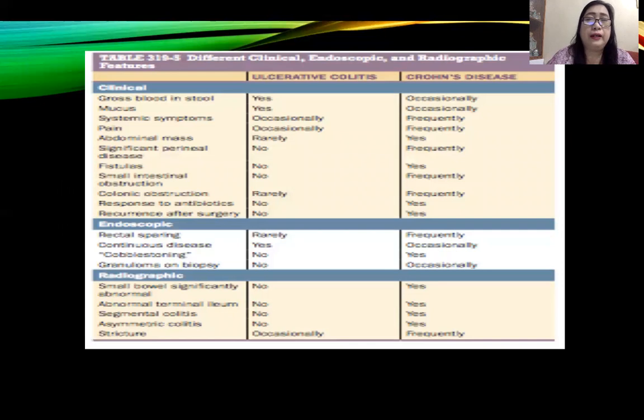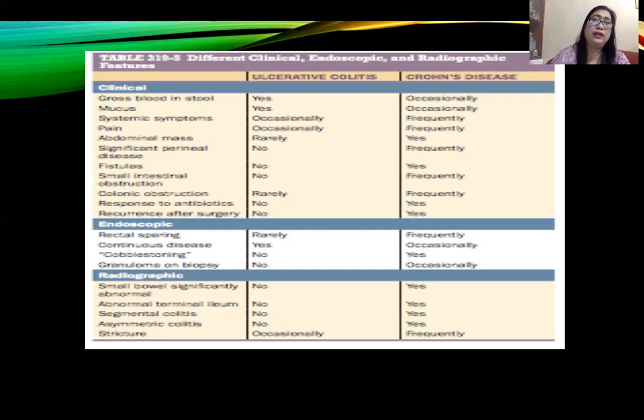So these are the differences between your ulcerative colitis and your Crohn's disease as to their clinical, endoscopic, and radiographic findings. Perhaps you should go over this and bear this in mind, because it is very important for you to understand the difference between the two.